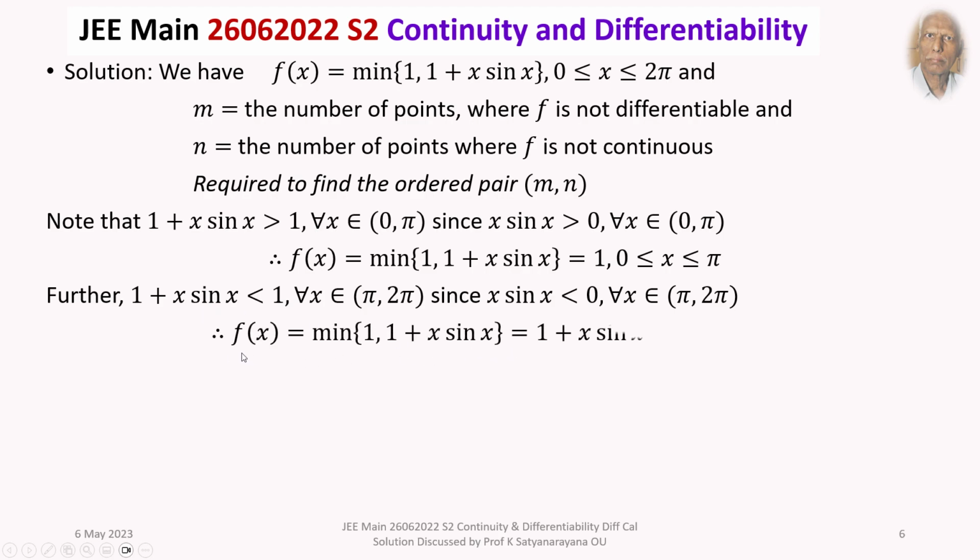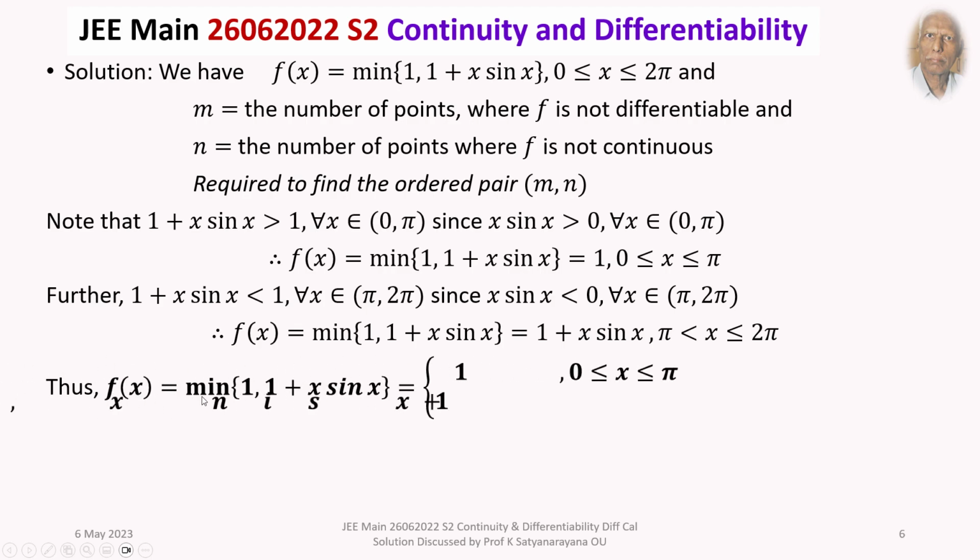Therefore f of x, the minimum of 1 comma 1 plus x sin x, is 1 plus x sin x when pi is less than x less than or equal to 2 pi. When you take x equal to 2 pi, 1 plus x sin x gives 1 only, and therefore we have added that endpoint also.